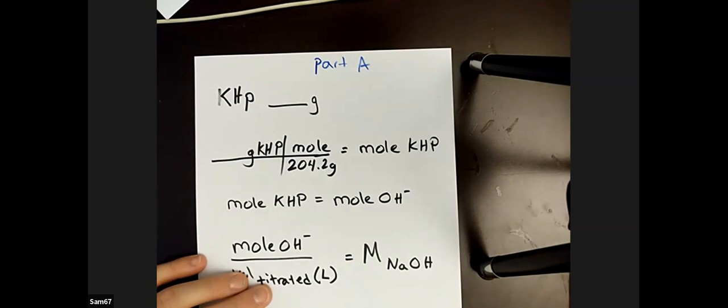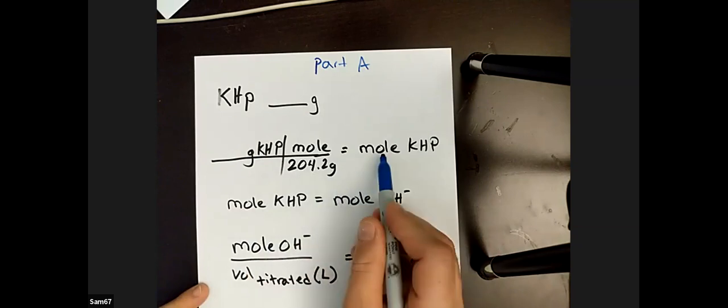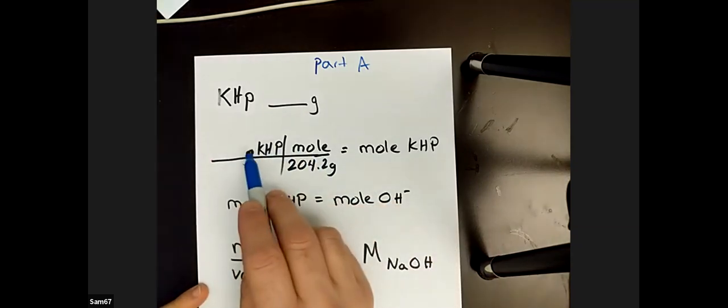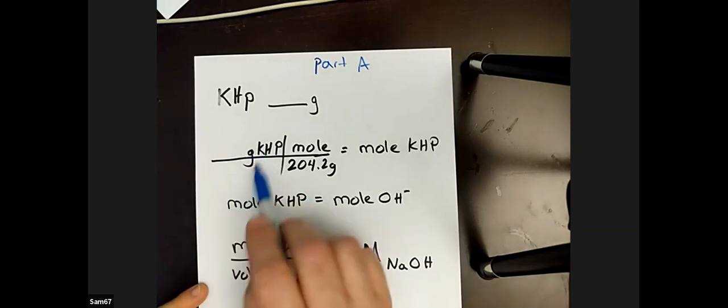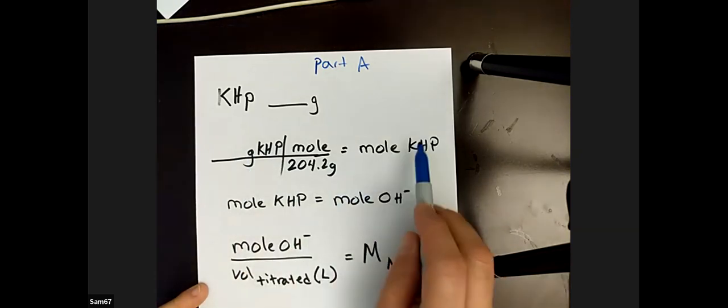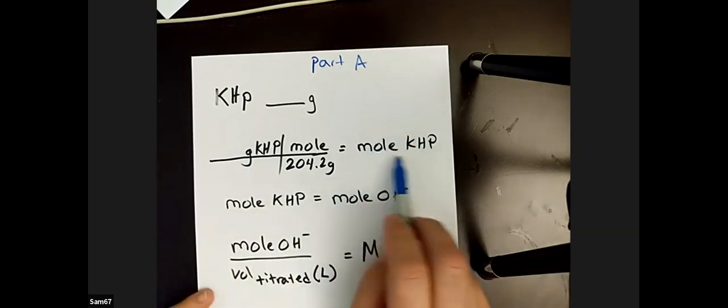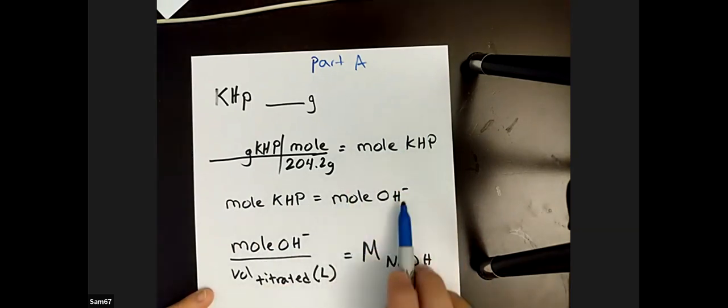We know from our endpoint that this amount of KHP is what went into that flask. It doesn't change. It doesn't go anywhere. So all of that is what reacted with the base, and we would say that is equal to the moles of the base after it turns pink.